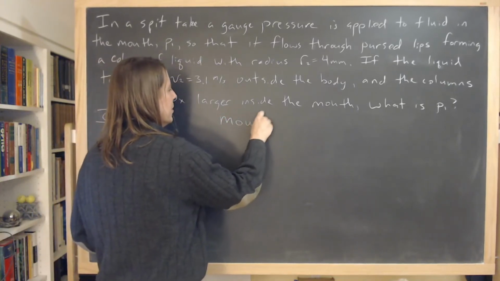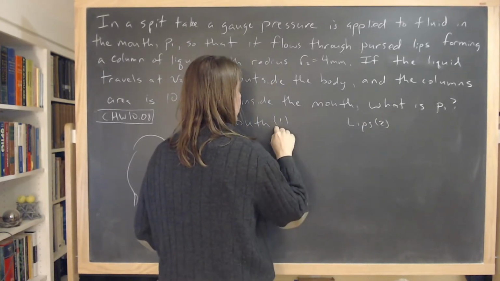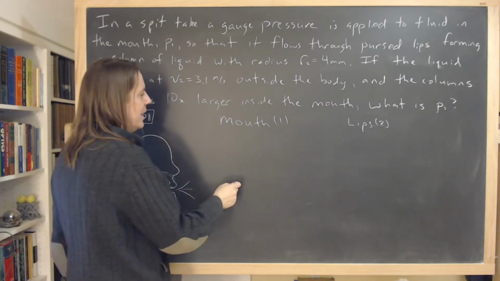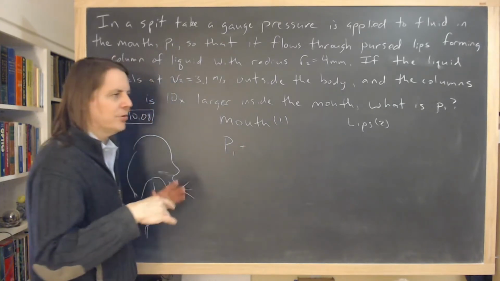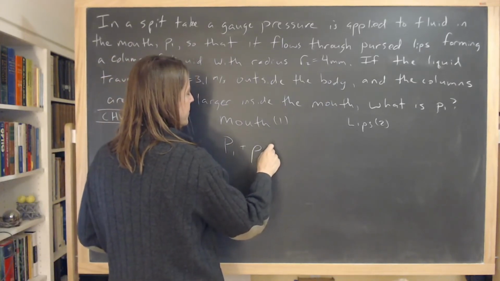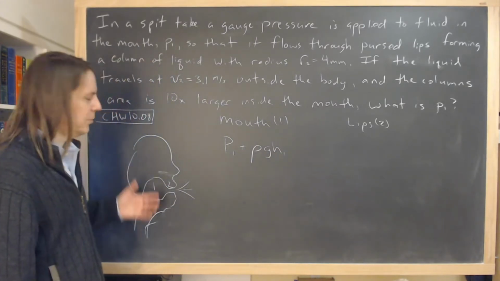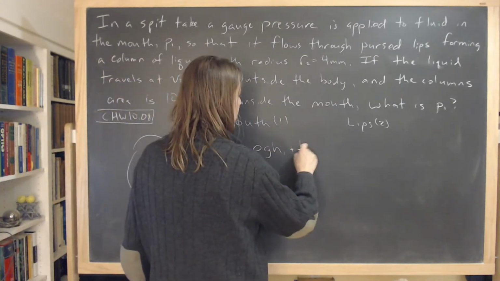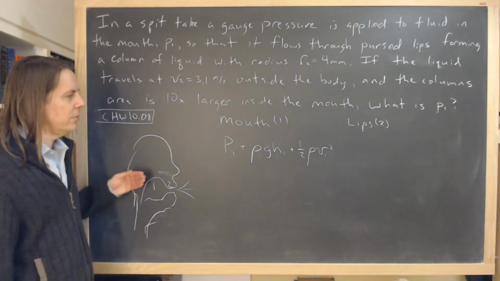We'll write it here in the mouth, subscript 1, and here in the lips, subscript 2. It's the pressure at 1, plus a term that represents the gravitational potential energy of the fluid, the density of the fluid, g, and how high it is in region 1, and then a term that represents the kinetic energy of the fluid, 1/2 rho v1 squared, the fluid flow speed.